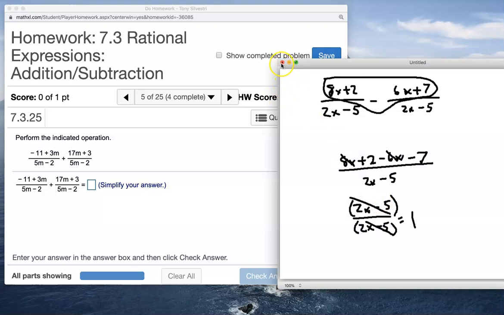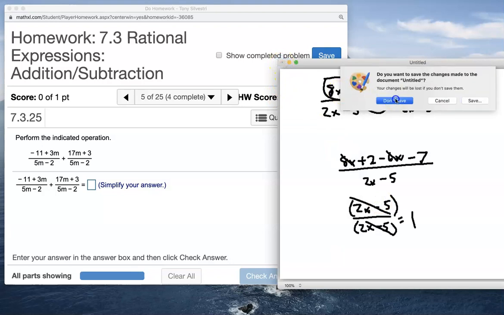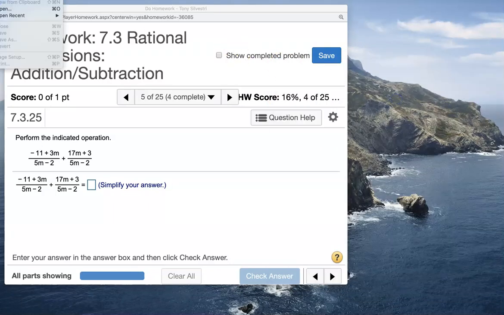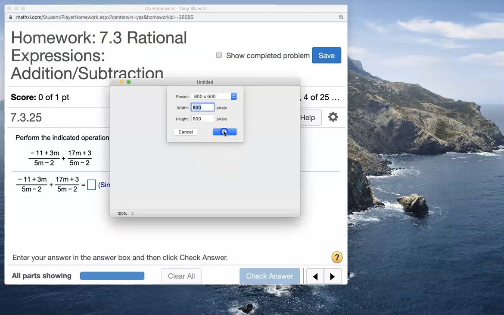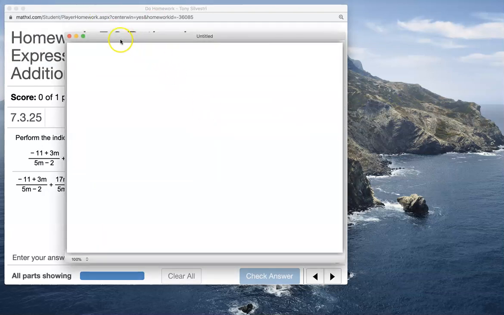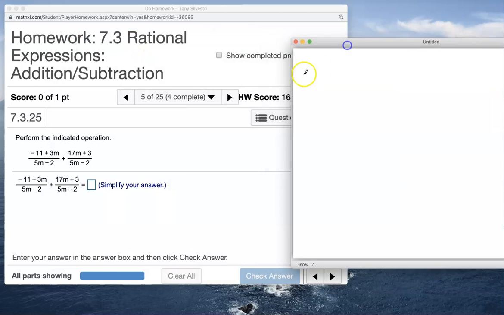Okay, 5 and 6. Don't save this. File, new. I'm happy. The denominators are the same.